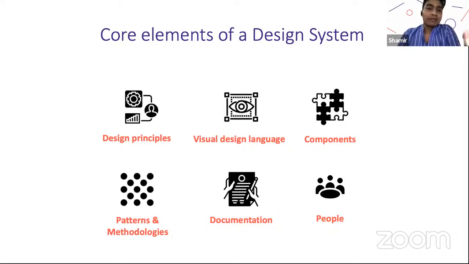So first up, we've got design principles. What exactly do you want to make? And what should it look like? So putting all these guidelines on the purpose of the product to ensure your team really understands what you are creating. Putting all this together is the meaning of a design principle.